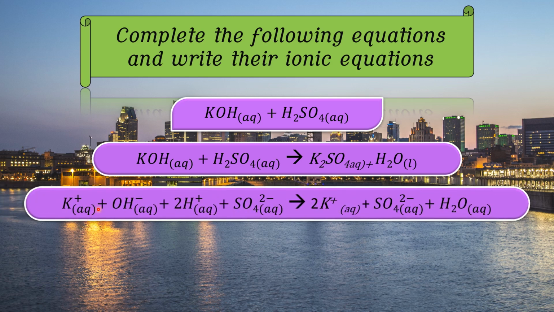So after getting our ions, potassium hydroxide is giving us potassium ions and hydroxide ions. Sulfuric acid gives us hydrogen ions and sulfate ions. Potassium sulfate gives us potassium ions and sulfate ions. Water does not give us ions because it is in a liquid state.